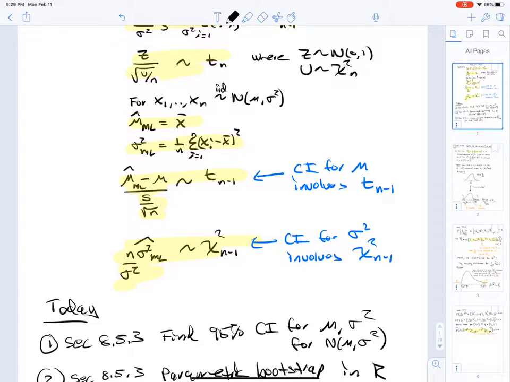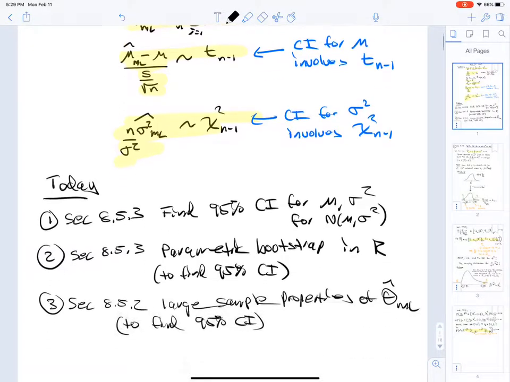And so an important result is that the ML for the mean has a t distribution when you normalize it, and furthermore, n over sigma squared times the ML of the variance is a chi-squared with n minus 1 degrees of freedom.